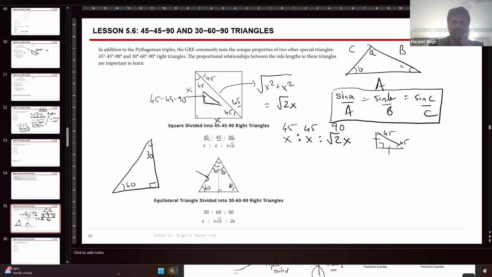Now let x be the side opposite to 30, and let the other two sides be what we need to find out, correct?